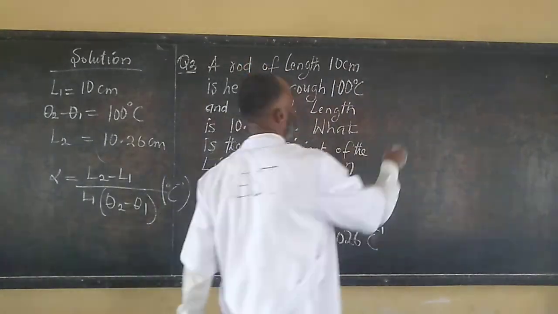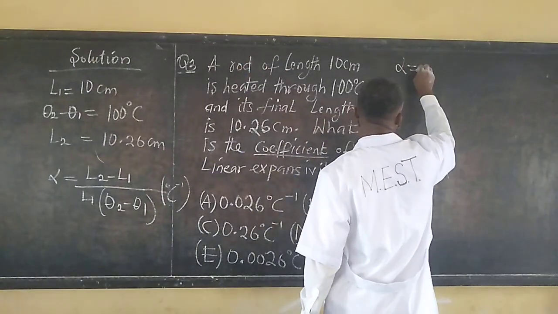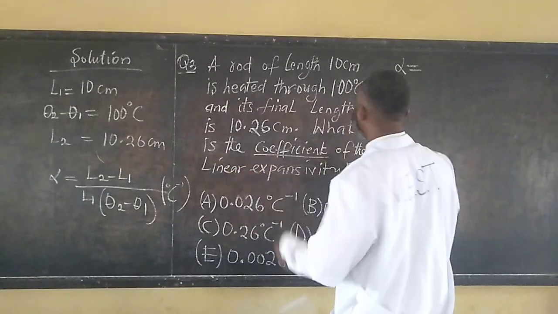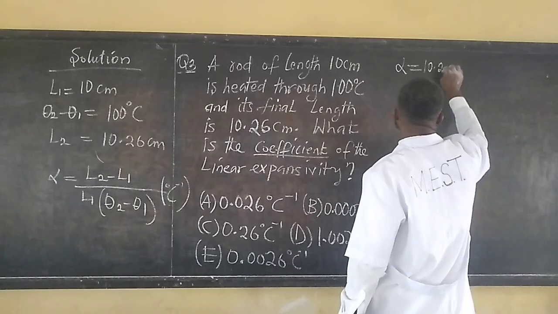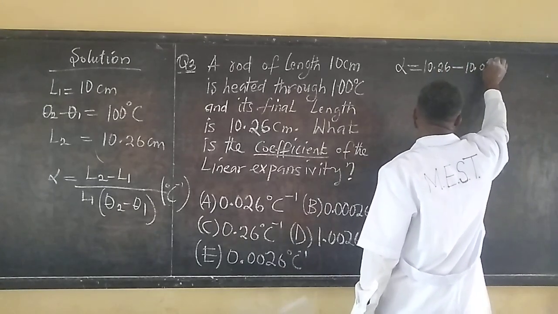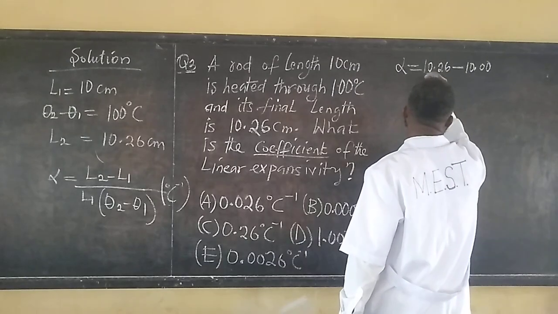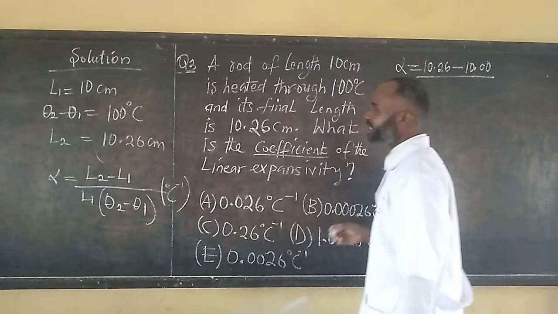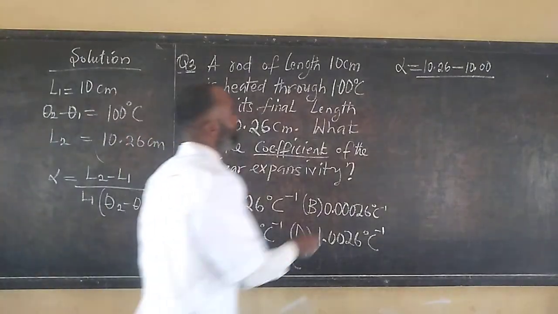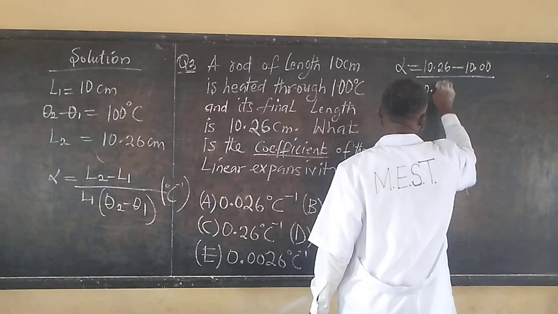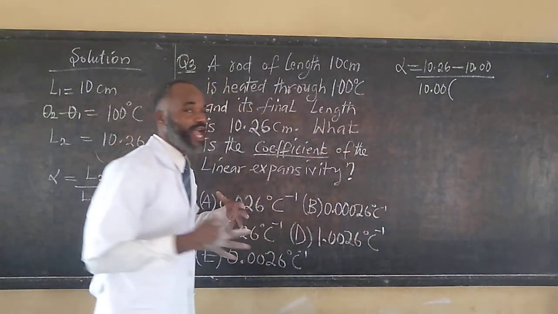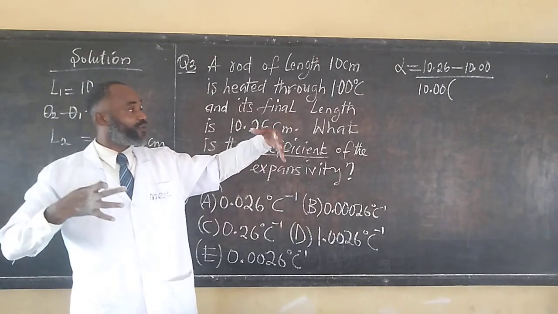If we have that, we now see that linear expansivity, which is what we are going to calculate. For L2, we have 10.26. For L1, we have just 10.00. I can use 00 to make it of the same weight in terms of decimal values, right? And then L1 remains 10.00, bracket open, change in temperature, because the material has been heated through a certain degree of temperature.